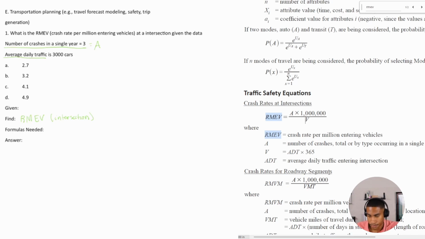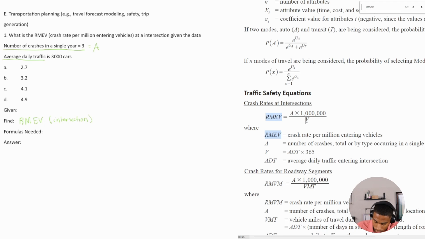All right, so what is V? V is equal to ADT times 365.